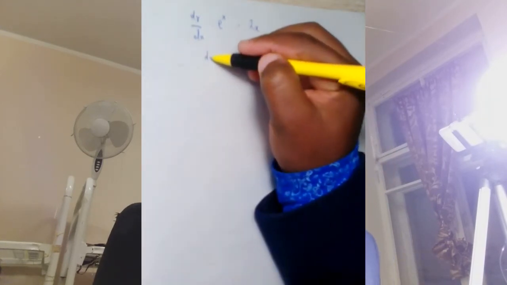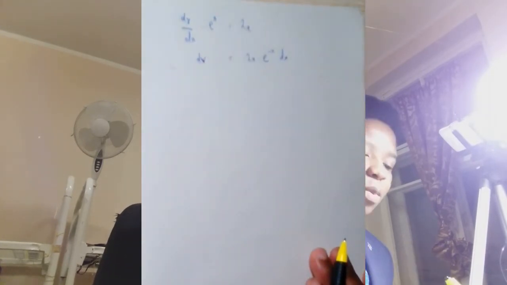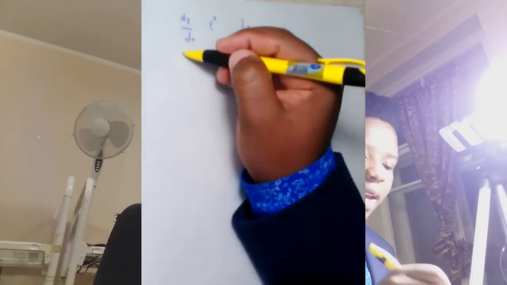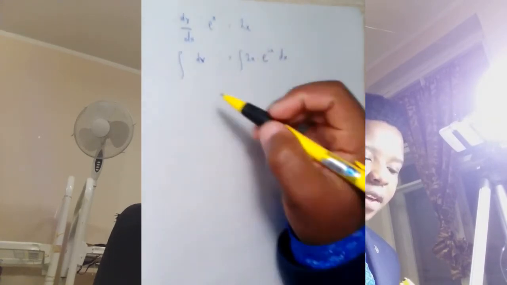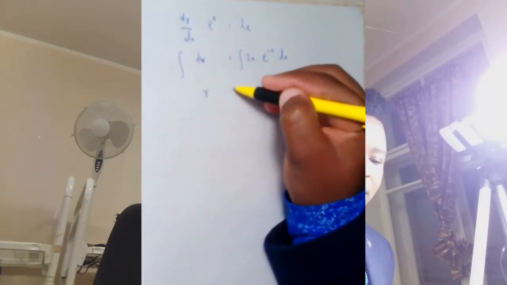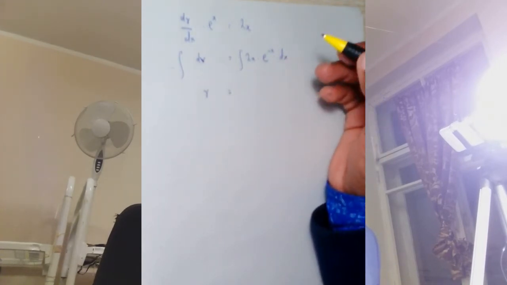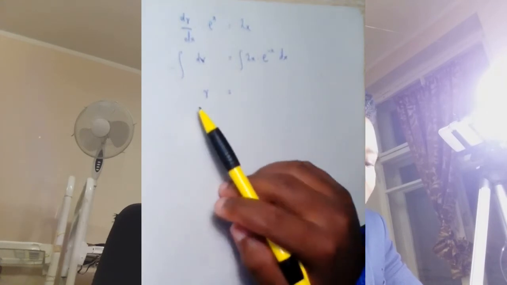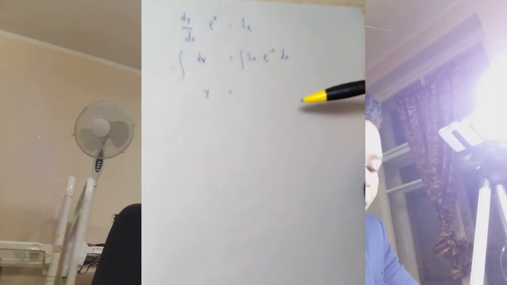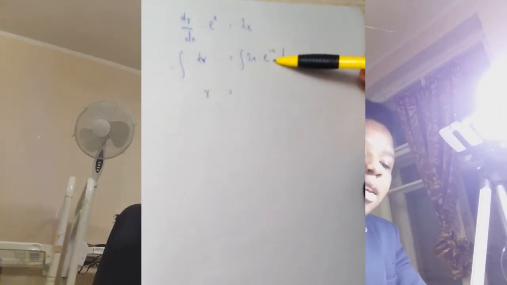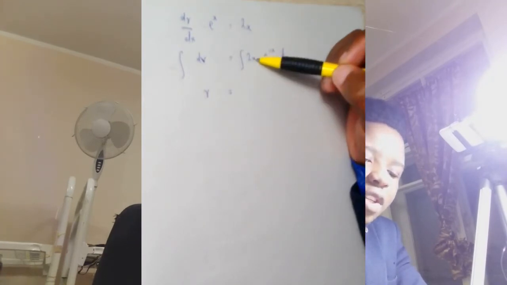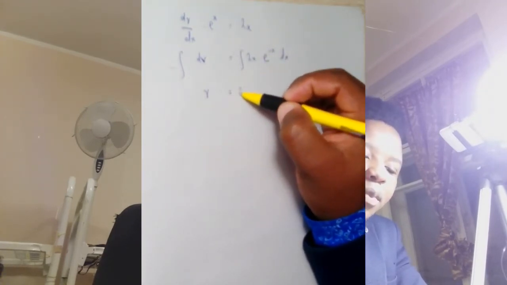From here I can integrate both sides, and on the left side I'll be left with v, and on the right side, you remember the integration by parts. Generally in integration by parts, I'll choose what I want to make u, and what I want to make the derivative of v.